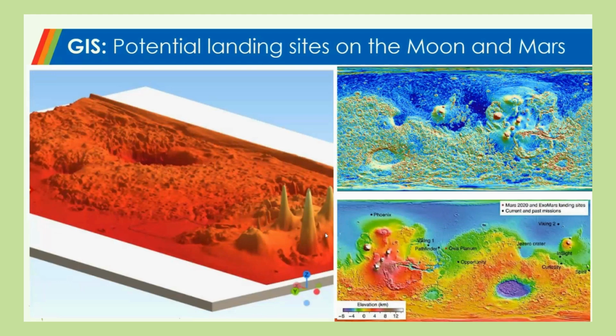They can create a 3D surface of Mars. We will do that today for France, actually. And then by using different criteria, different maps, the students are trying to identify the optimal site where their mission and the rover will land either on the Moon or Mars.